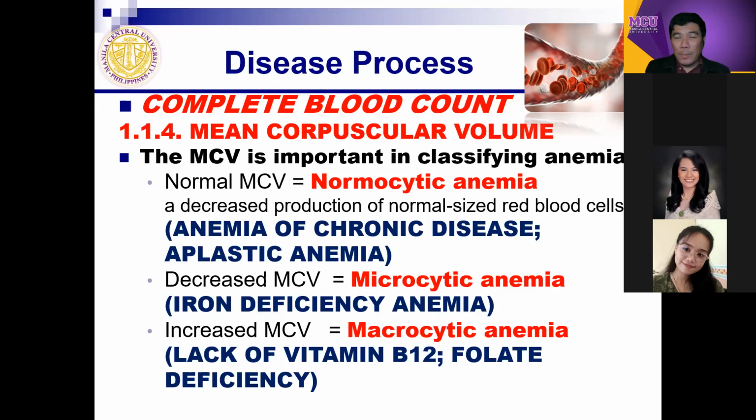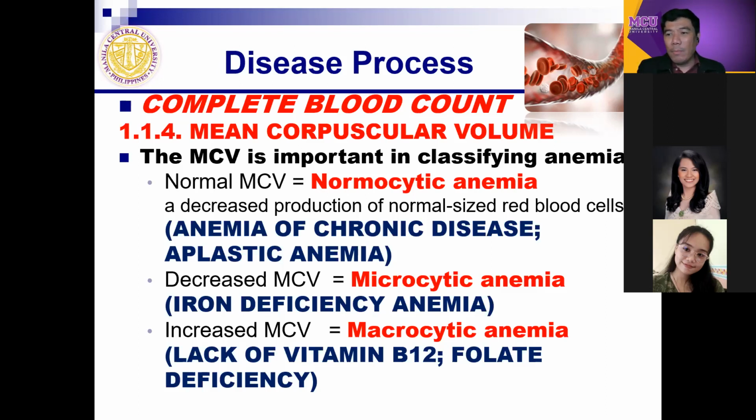So sabi nga natin, pag anemia, it's decreased RBC, decreased hemoglobin, decreased hematocrit. Pero when we talk about normocytic anemia, normal yung size ng red blood cell, pero mabagal yung production.